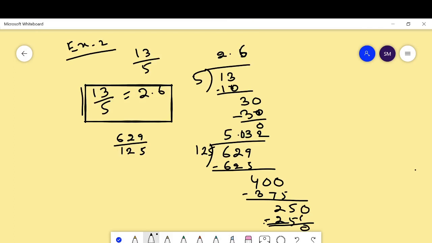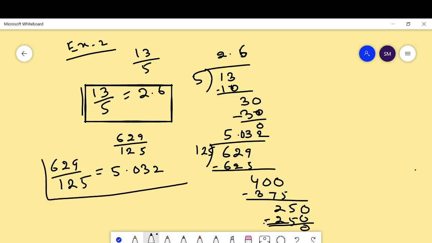Here this is 250, then 0. Then the quotient is 5.032. Okay. 629 upon 125 converted into decimal form is 5.032.